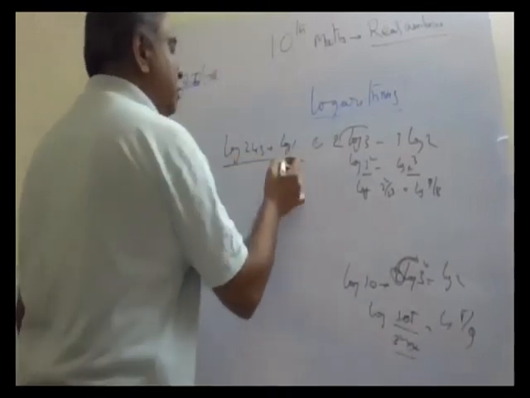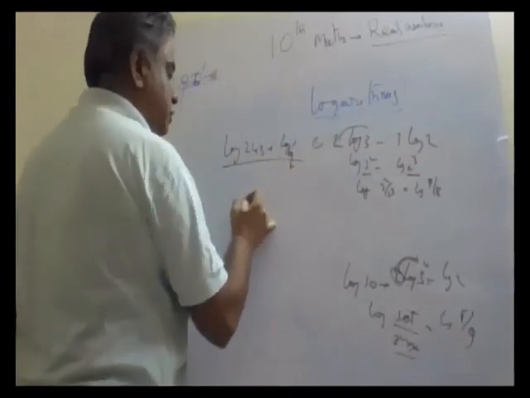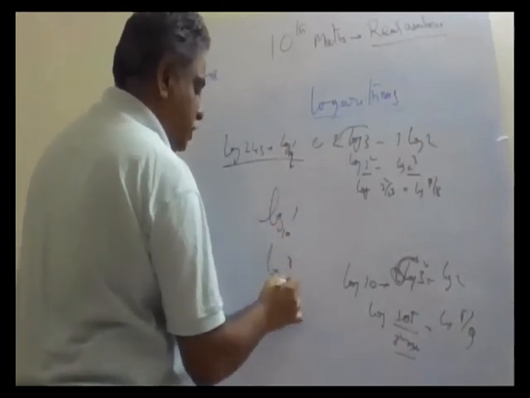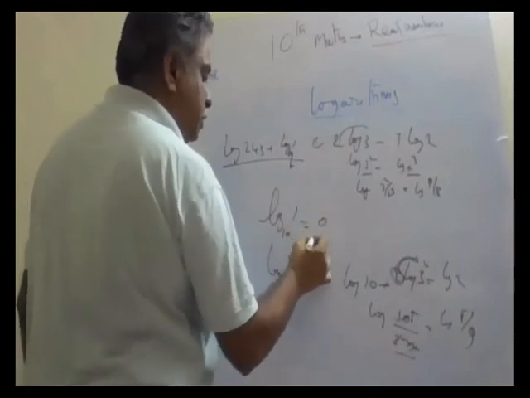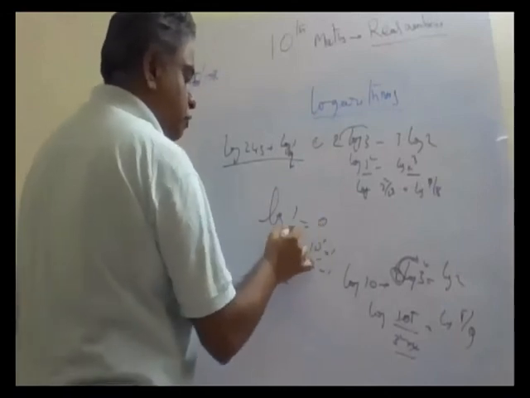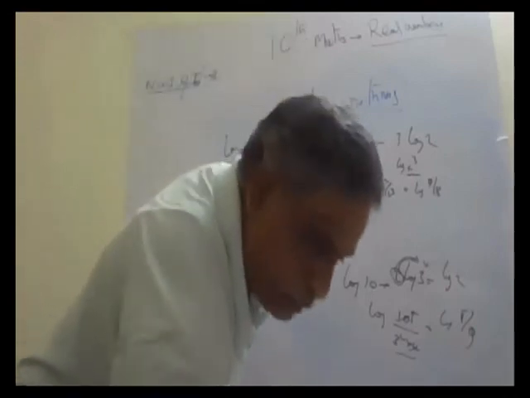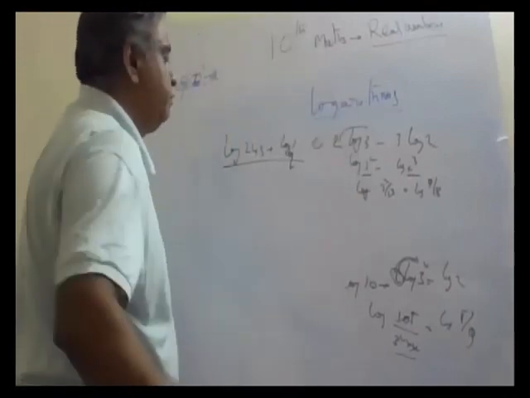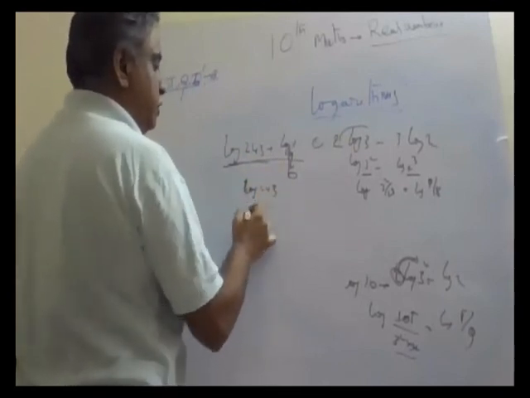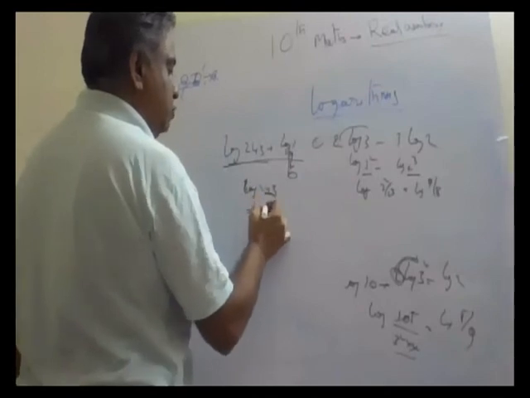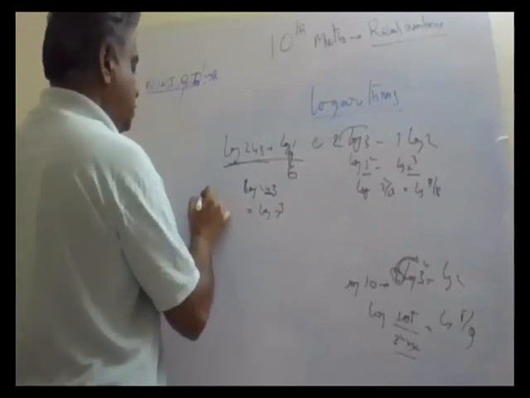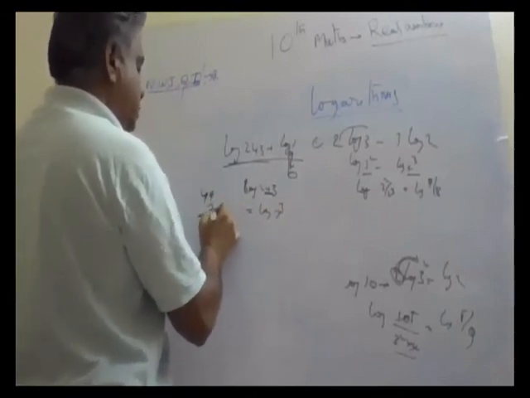Let us see this problem. Log 1 is 0 because any base is still log 1, log 1 to any base, 10 or 20, anything, is 0, because 10 to the power of 0 is 1. Anything to the power of 0 is 1. So whatever is the base, log 1 to any base is 0. So then what is this becoming? This is 0, log 243. What is 243? 243 is not 7 cube.